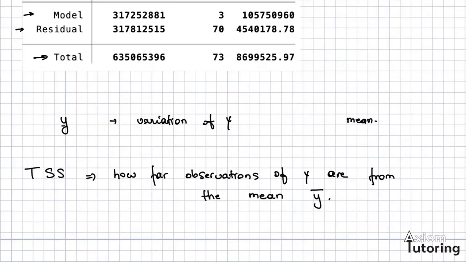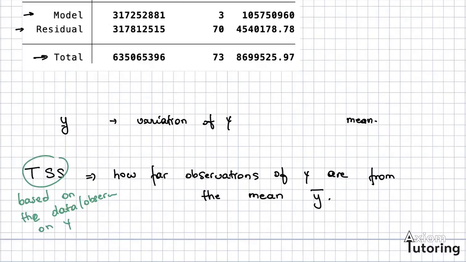Keep in mind this TSS is giving us the variation in y before you use any model. So this is based on the data that you have on y. On all the observations in that particular data set for y, you can literally compute it separately without having to run a regression to get that number.